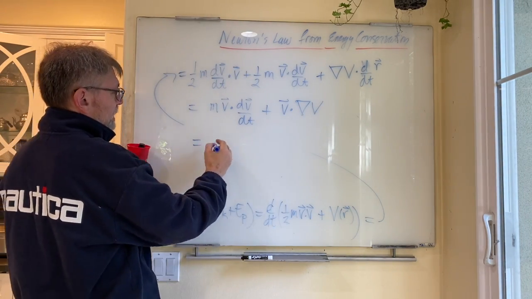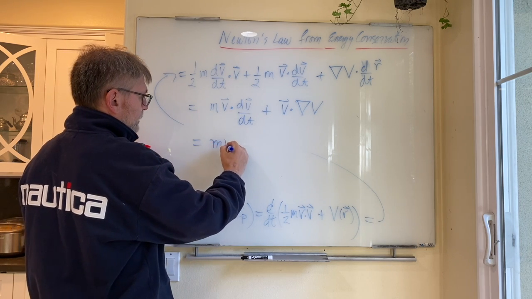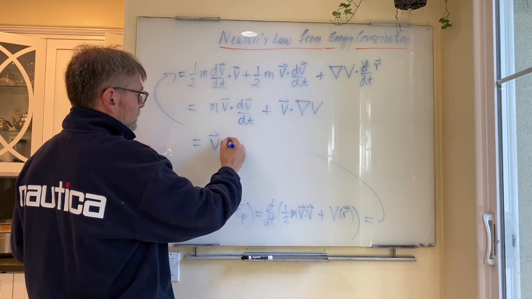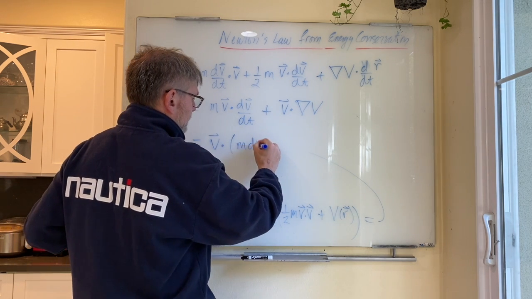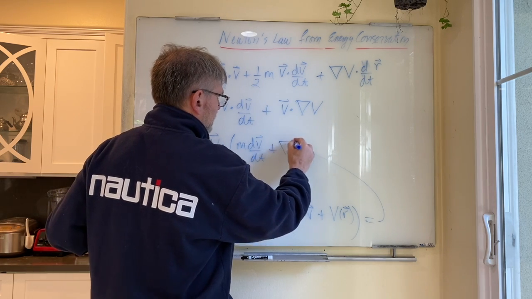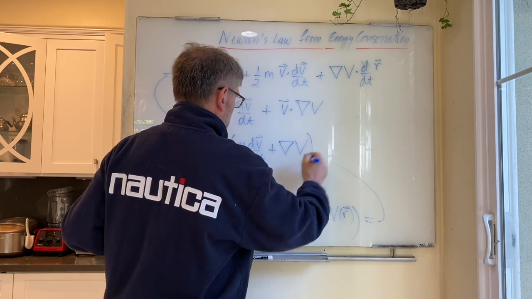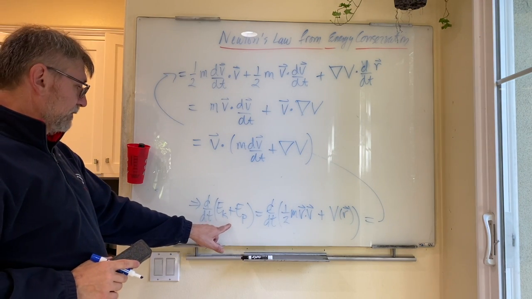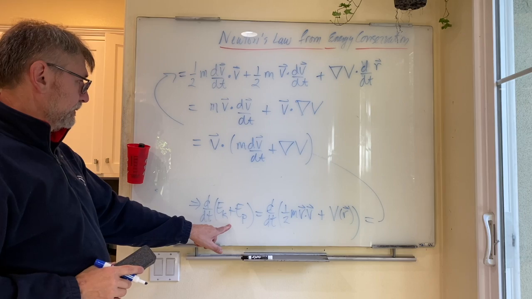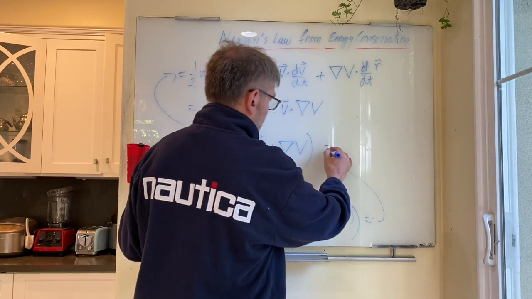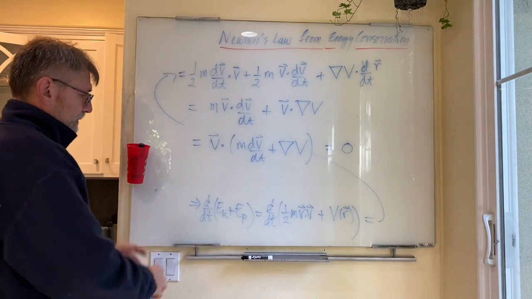I'll pull out the v dotted with m dv/dt plus grad v. And remember this whole thing here, I start off by taking the derivative of the energy, right? And so this whole thing now has to be equal to 0 because the energy is conserved, right? The dE/dt was 0.